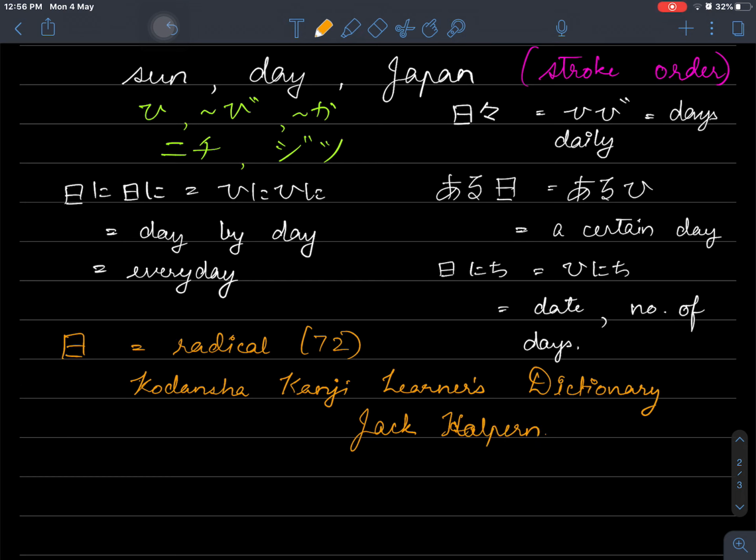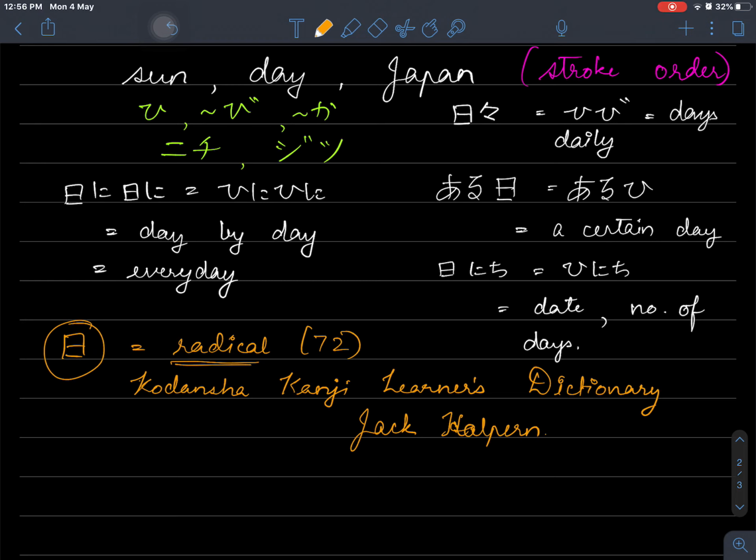If you have this book, there will be a section dedicated to radicals in which the 72nd one is going to be this character. So that is what that reference is supposed to mean. If you have that book, you can look it up and satisfy your curiosity. But if you don't, this is just additional information.